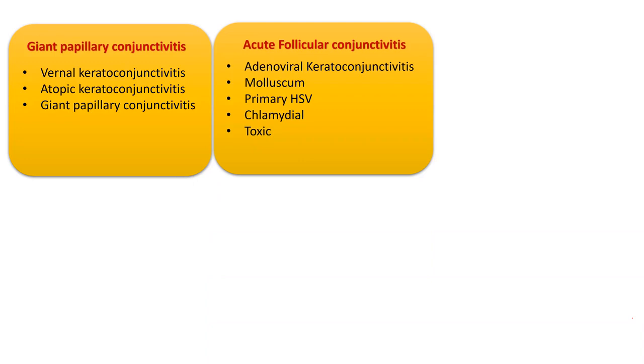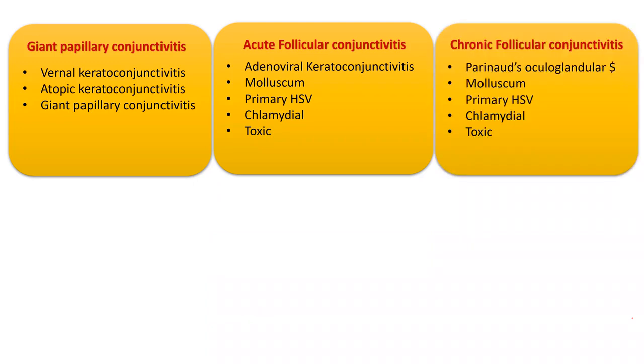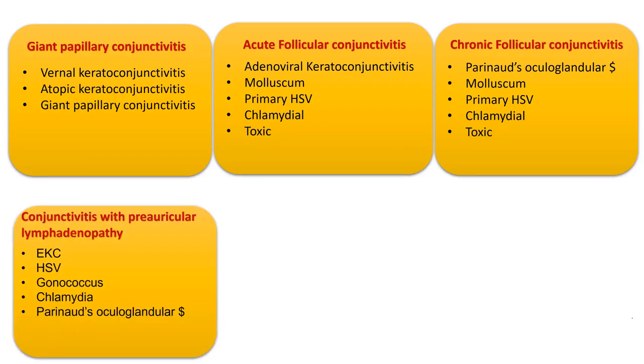and toxic medicamentosa. For patients with chronic follicular conjunctivitis, you consider Parinaud oculoglandular syndrome, molluscum contagiosum, primary herpes simplex virus, chlamydia, and toxic medicamentosa. For conjunctivitis with preauricular lymphadenopathy, consider epidemic keratoconjunctivitis, herpes simplex virus, gonococci, chlamydia, and Parinaud oculoglandular syndrome.